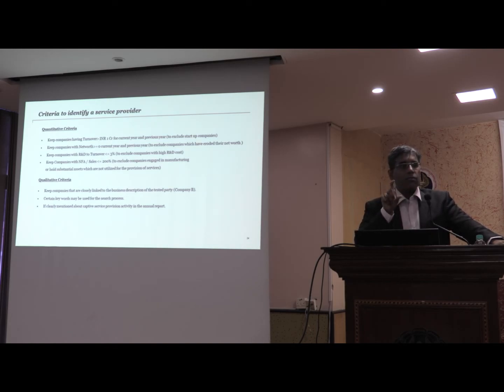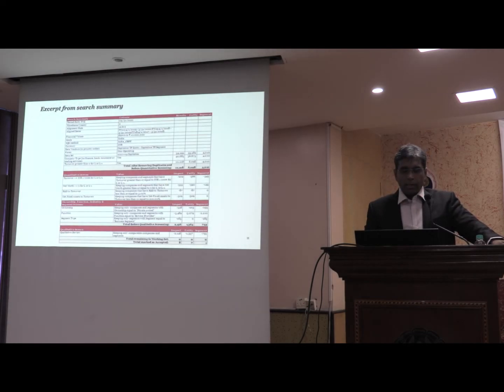So you can type in keywords for the type of services description, and these keywords are taken by the database from the business description of the comparable companies. So they tie the keyword you've given against those that are describing the principal business activity, and then they throw out the comparables.